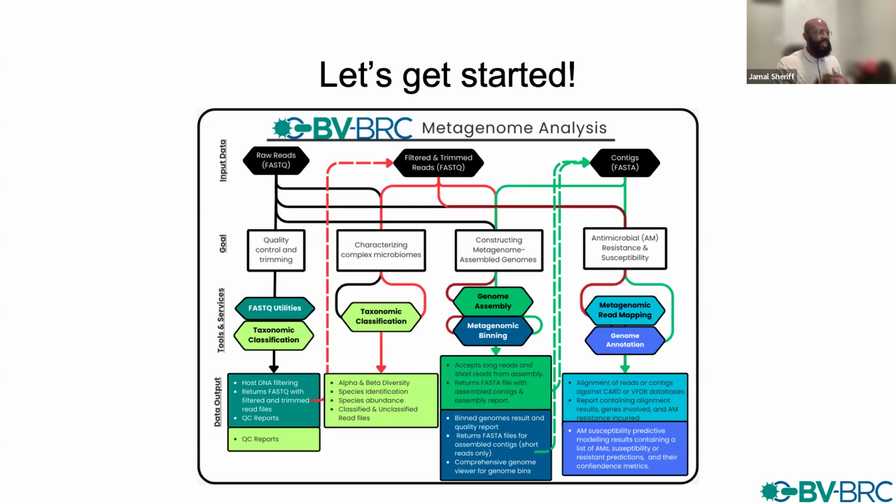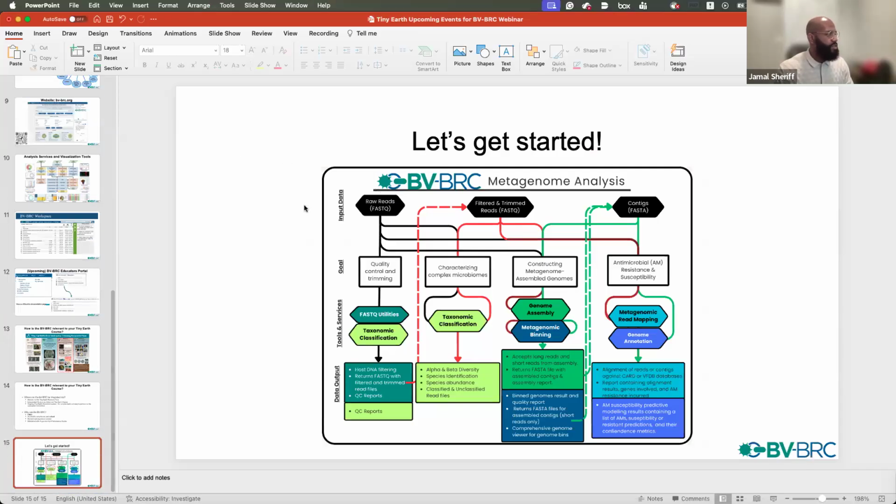If your organism is one of those genera and you run genome annotation, you'll get the predictive model output that will tell you antibiotic resistance and susceptibility for that organism. It won't be necessary for our exercise, but I'll include it in case it's something you're interested in looking into further later on. All right, very cool.